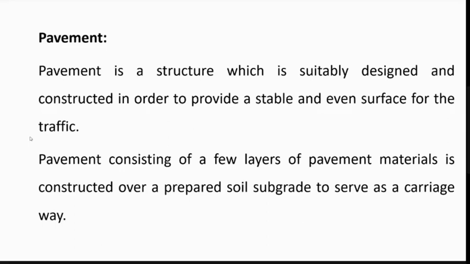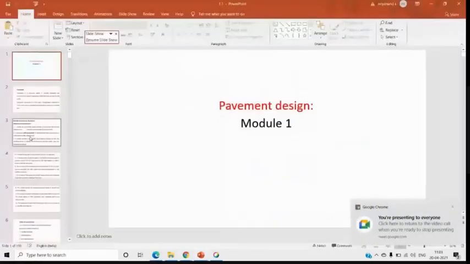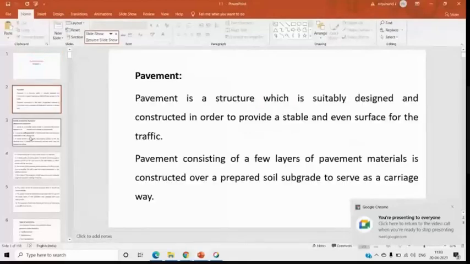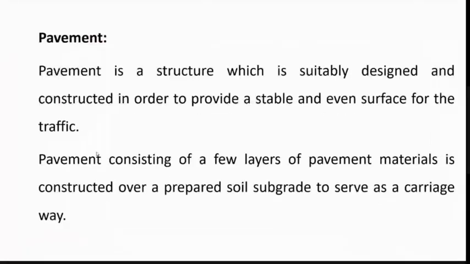As a civil engineer, you can understand that even though it looks flat, we provide a certain camber so that rainwater does not stand on the surface and runs off. Side drains are provided, then cross drainages are provided, so that it can serve up to the design life. The construction process also needs to be monitored, compaction and everything.